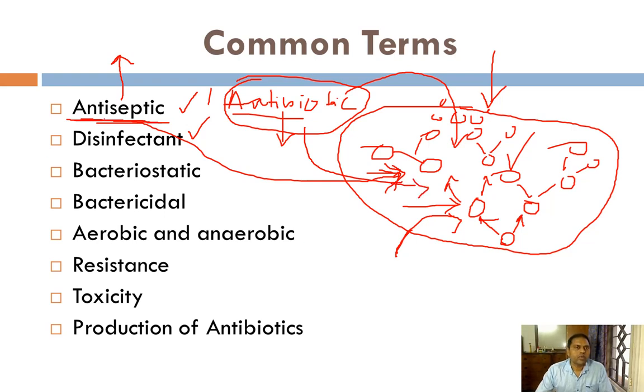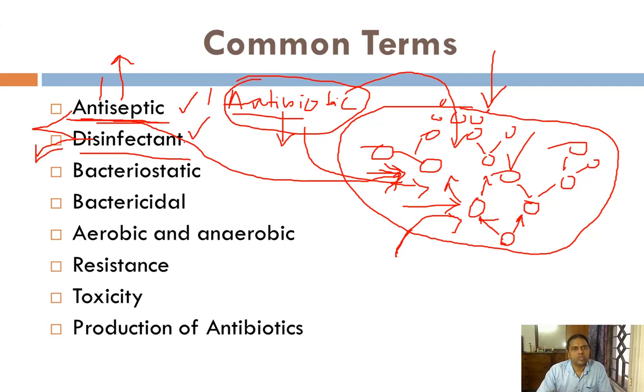Then what is the difference between antiseptic and disinfectant? Both kill the microorganisms. Antiseptics can be used on us, in the sense they can be used on animals, on our skin. But disinfectants are used on inanimate objects.